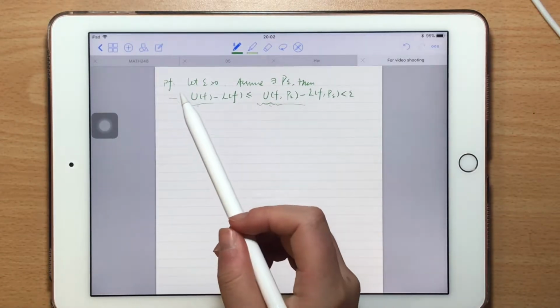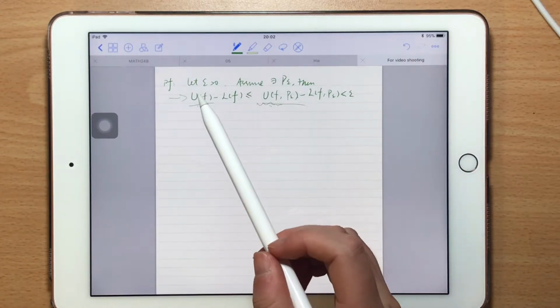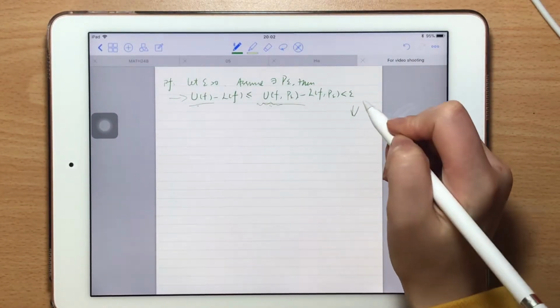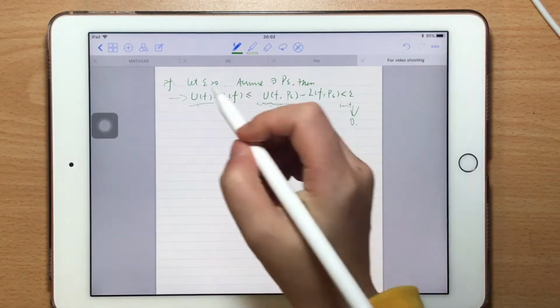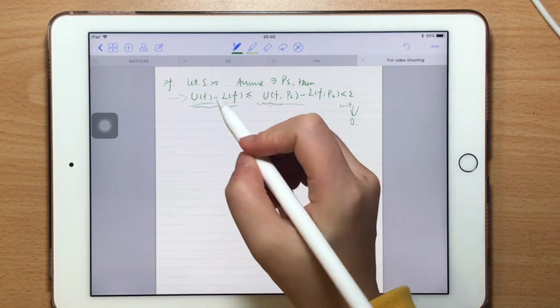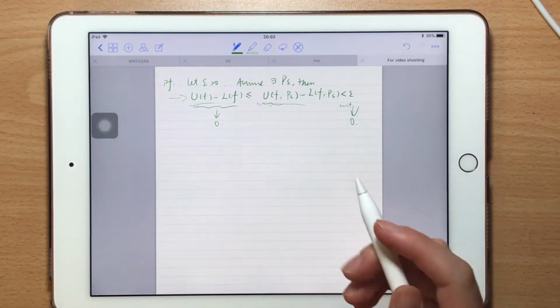So this inequality holds. And since we are arbitrarily choosing epsilon, when epsilon goes to 0, the difference of UF and LF goes to 0, which is equivalent to saying that UF is actually equal to LF. Right? It's quite straightforward. Okay.